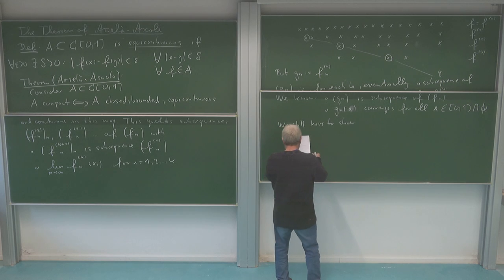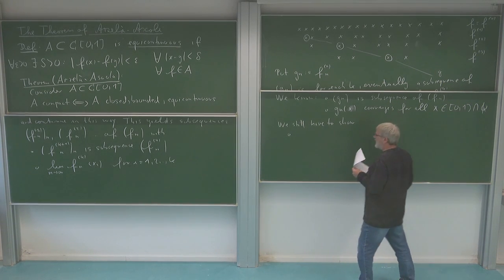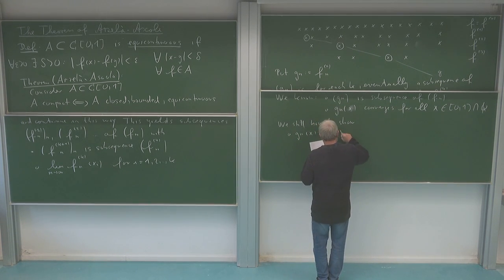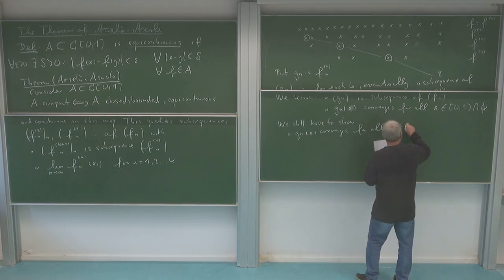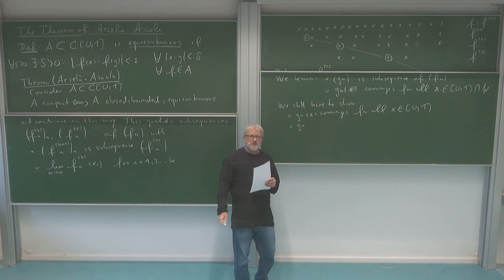For this, we have to see that first of all, pointwise, it should converge for all x, not only for the rational ones. So Gn of x converges for all x in the domain 0 to 1, and then of course the convergence should not only be pointwise, but it should be uniform.